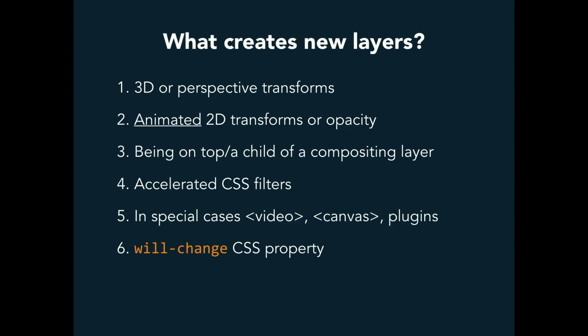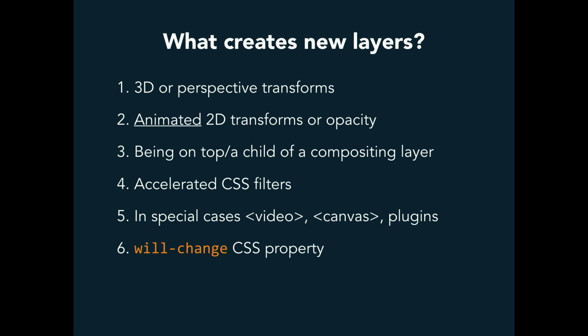So let's quickly look at this. First, if we have 3D or perspective transforms, this will create a new layer. If we have 2D transforms or opacity, but they have to be animated, they will be put on another layer. If we have an element that is on top of or a child of an already existing compositing layer. If we use accelerated CSS filters in our website.